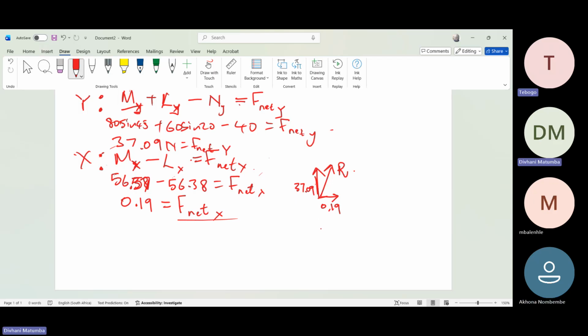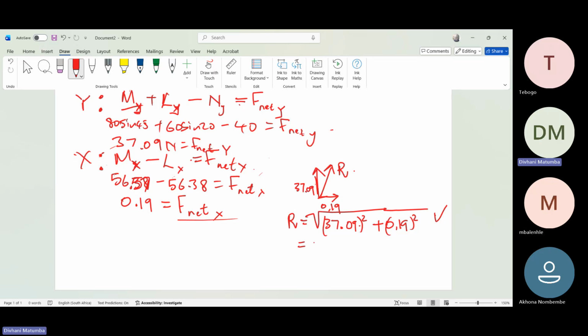So then the net force or the resultant will be equal to the square root of 37.09 squared plus 0.19 squared. Are you guys familiar with this equation? Yes. Okay, no problem. So how much are we getting? I'm getting 37.09.